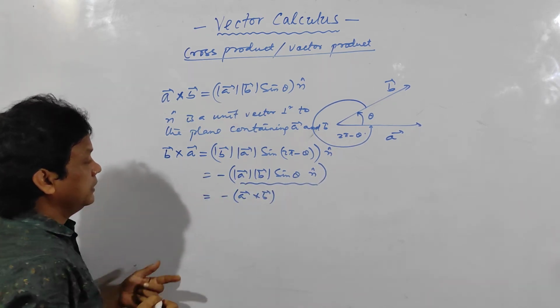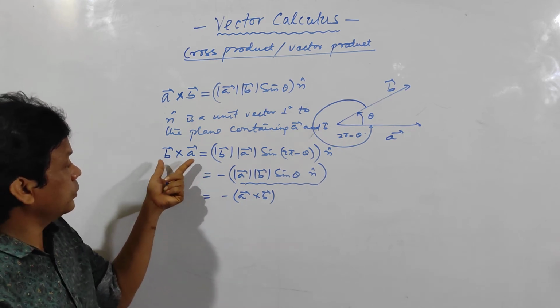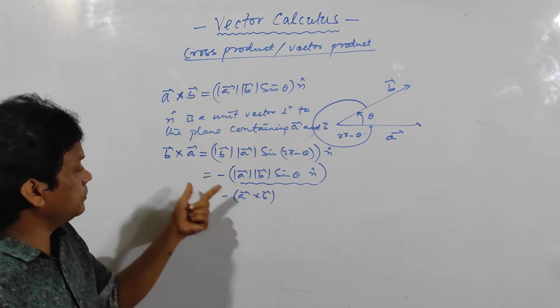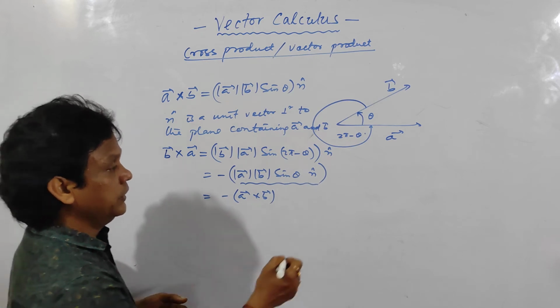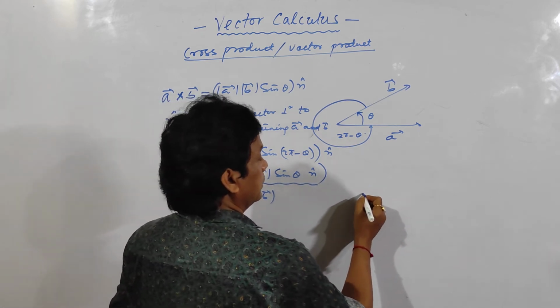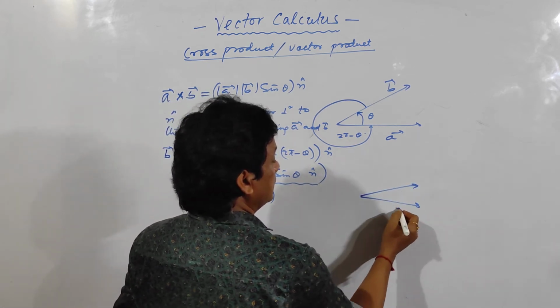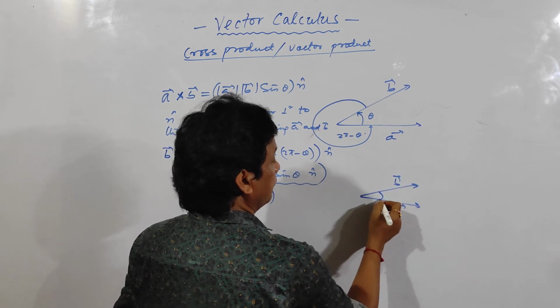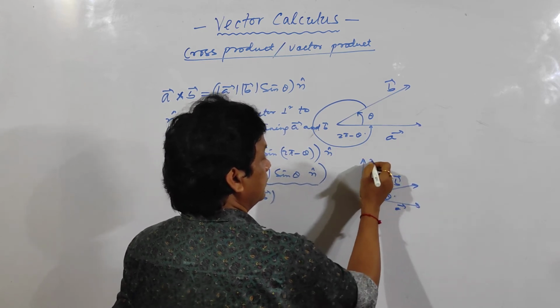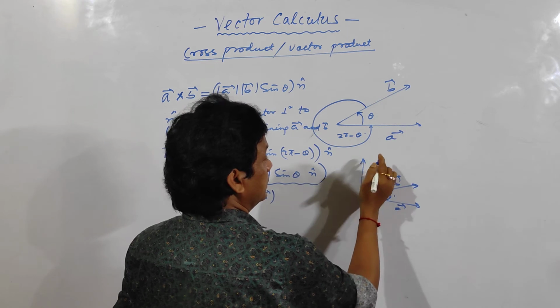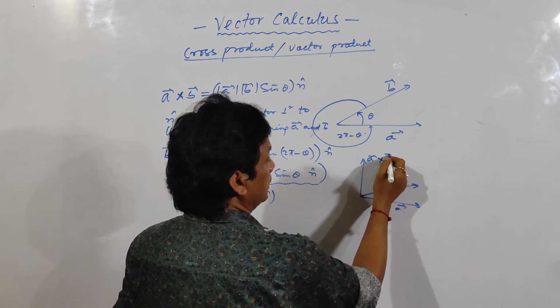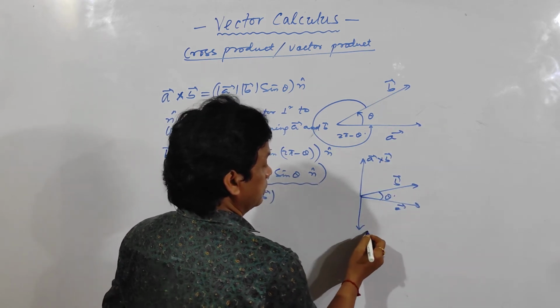That means the cross product is not commutative, and A cross B and B cross A are opposite in direction. If this is A vector and this is B vector, and if n cap is the direction of A cross B, then B cross A will be in opposite direction.